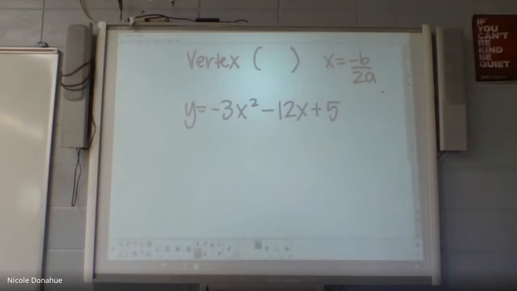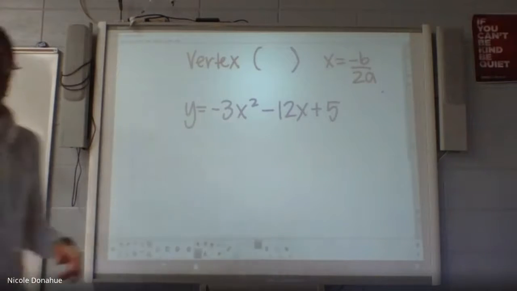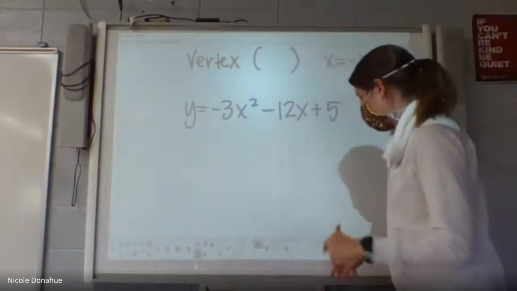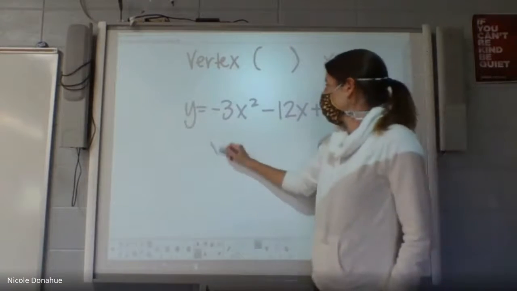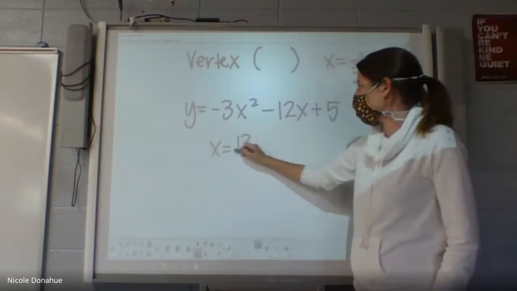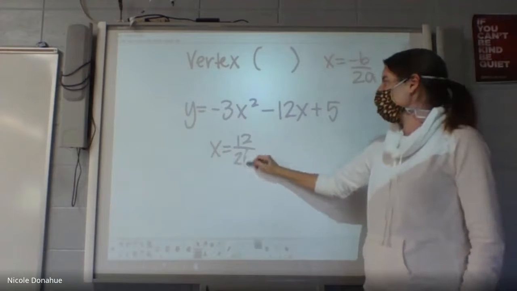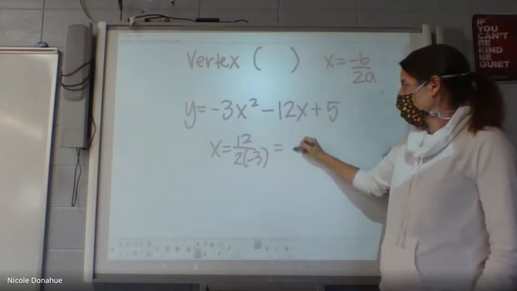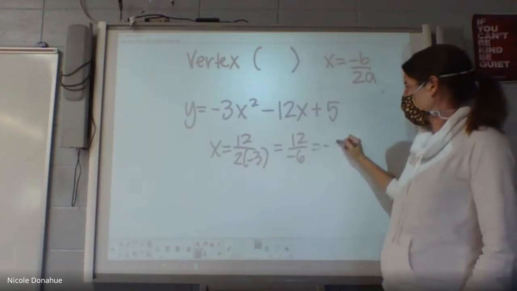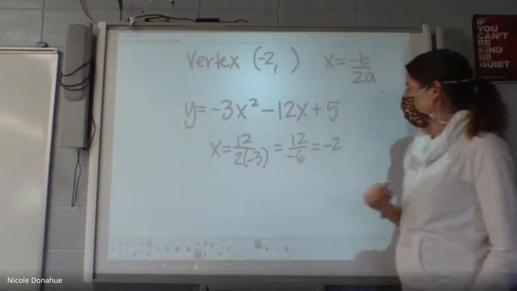Kenzie, I know you. I'm gonna start working through it up here. I know some of you guys are still working. So opposite of b is gonna be 12 over 2 times a. So 12 over -6, so a -2 for my vertex.